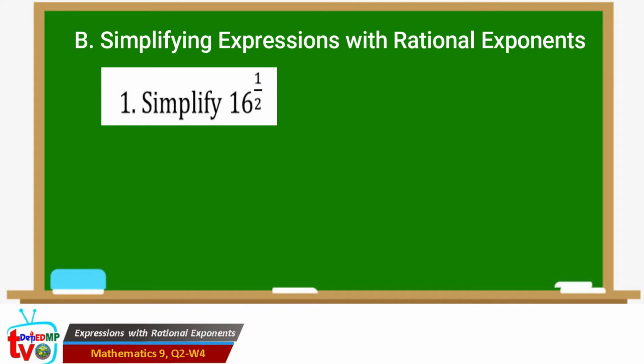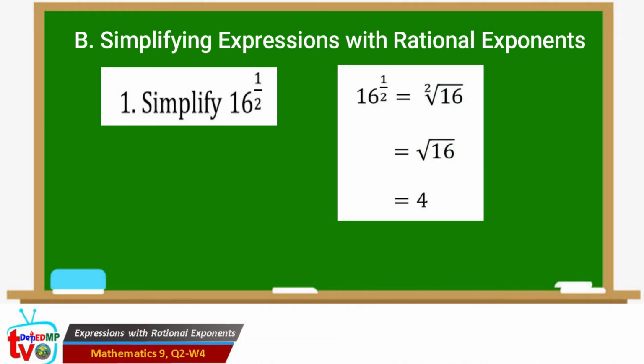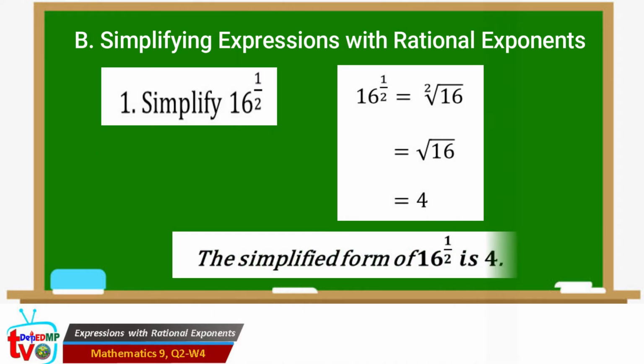First, rewrite it into radical expression. 16 raised to 1/2 becomes the square root of 16. Extracting the square root of 16, it is 4. Therefore, the simplified form of 16 raised to 1/2 is 4.